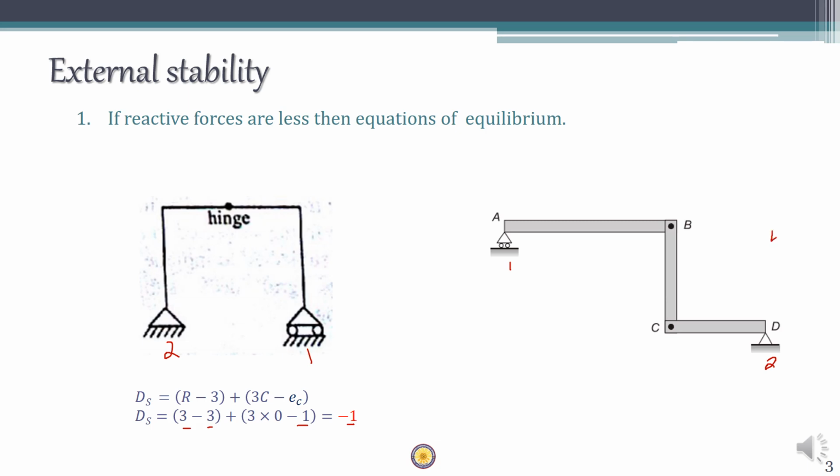So 5 equations and 3 reactions, which means that the indeterminacy is -2. Also you can observe here, if you apply a horizontal or inclined force, this AB member is free to move along the roller in the horizontal direction. So in that case the structure is unstable.